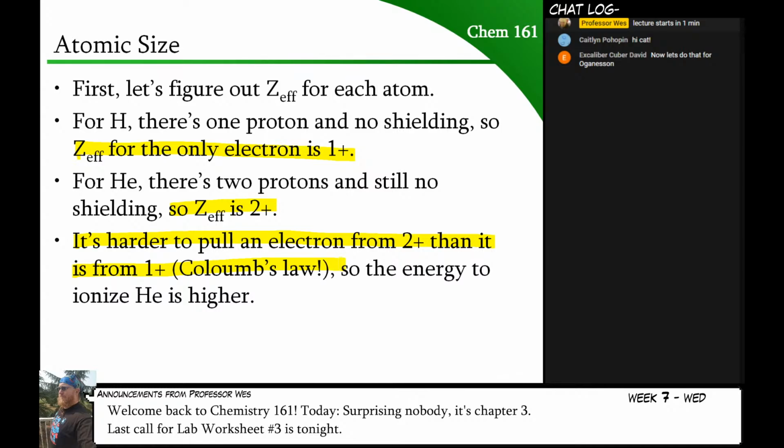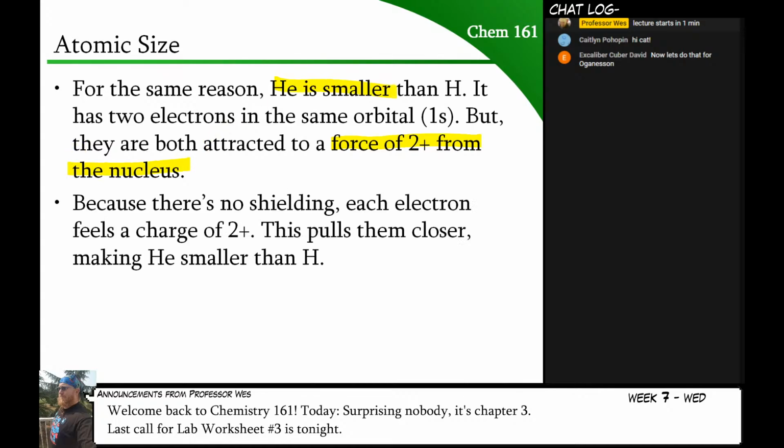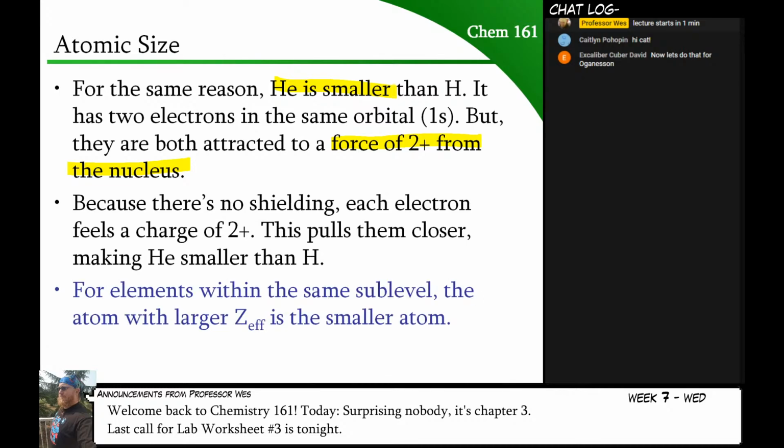So it's harder to ionize helium. It requires more energy. And then likewise right here, this talks about the effect on radius. Something that has a force of 2 plus pulling on it is going to have a smaller radius. Put those two things together, and you will get a smaller atom that is harder to ionize.